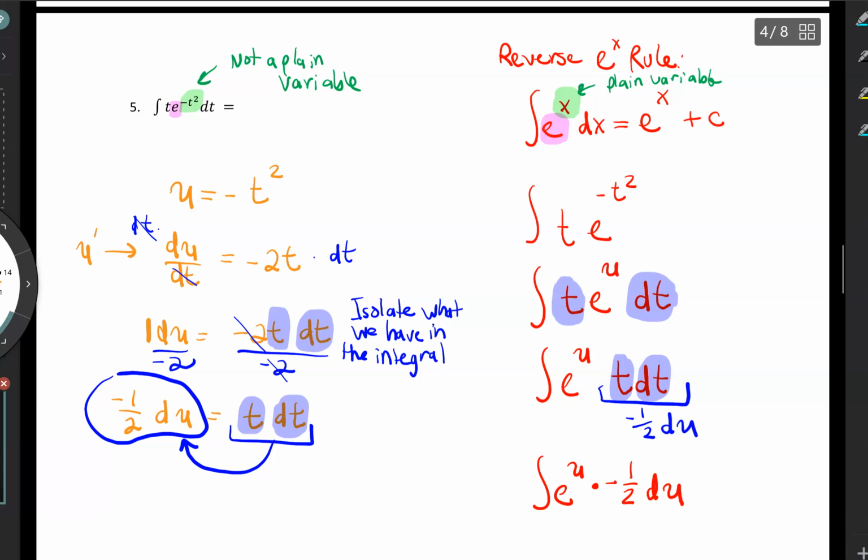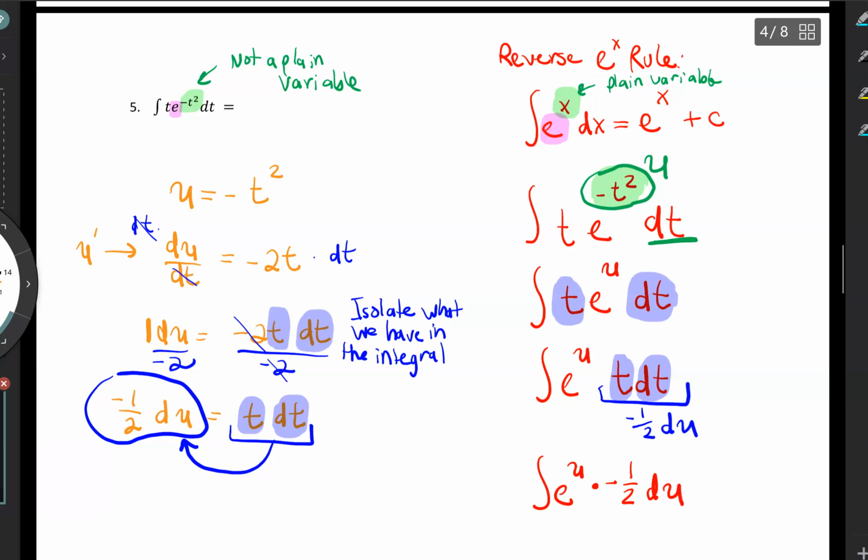And all the variables are matching and we feel so good. This is what we started with, right? Everything looks great. But then it's like, oh, that does not fit my rule. This part that's not fitting my rule, I had to change that to a u, right? So we changed this exponent to a u.